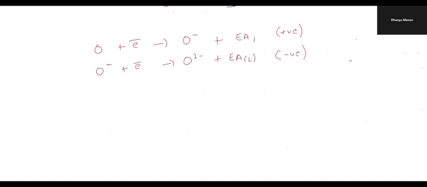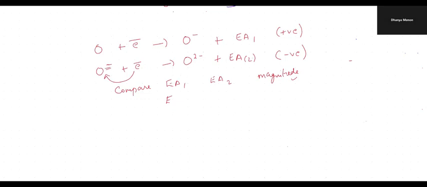So if I compare EA1 and EA2 in terms of magnitude, sign, you know, EA1 is positive, EA2 is negative. In terms of magnitude, I told you a lot of energy is needed for the electron to be added to O minus, because O minus is already negatively charged.